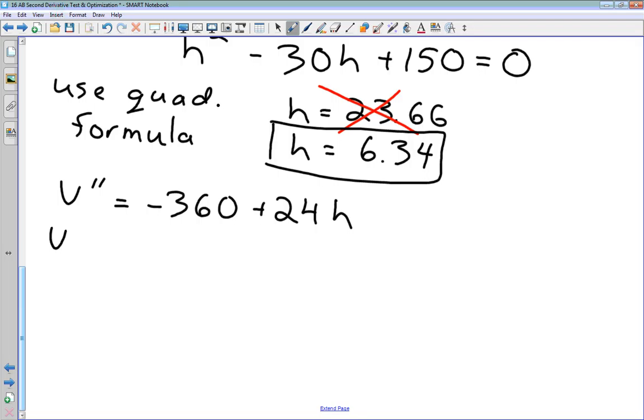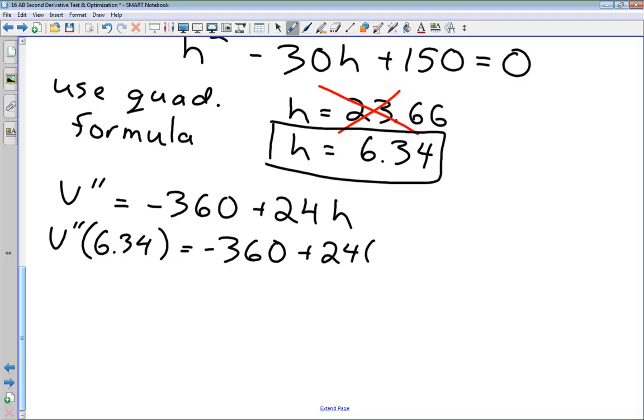So we'll say V double prime at 6.34 equals negative 360 plus 24 times 6.34. And we could just punch this into our calculator, and we get something like negative 207.84, whatever. Now remember, we don't really care about what the exact value is for our second derivative. We really just care about whether it is positive or negative.